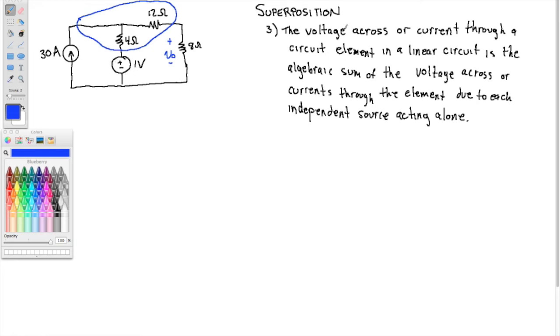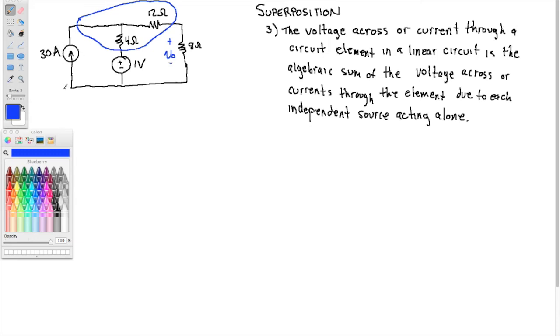And so superposition says that, in this case, we're looking for a voltage. The voltage across this 8 ohm resistor is going to be the sum of the voltage across when only the 30 amp source is activated, and we're going to turn this one off, plus the voltage across this resistor when only the 1 volt source is activated, and we're going to turn this guy off.